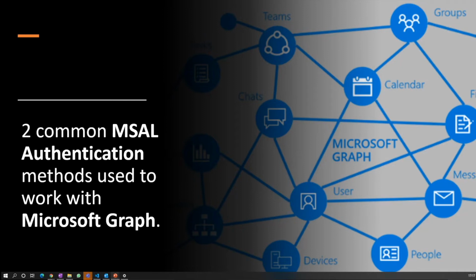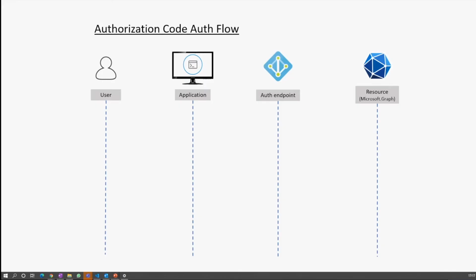But when you are running in a production environment, you need to have your own authentication code, because you need to know how it is implemented, because not in every scenario will you be able to use the Connect-MgGraph. So that is where we need to know about two particular MSAL flows, the Microsoft Authentication Library authentication flows. There are actually many, five or six authentication flows, of which I will be showing only two, because those are the two most common flows that are used.